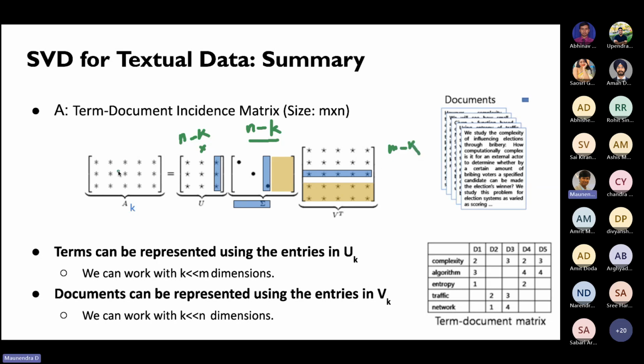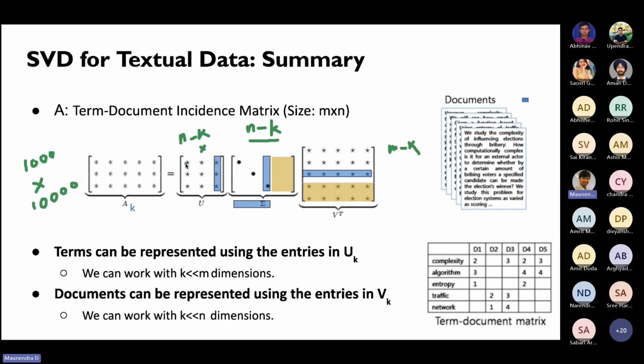Now, in a real setup, if you consider that you had, say, 1,000 terms and 10,000 documents, this is 1,000 cross 10,000, and here you will have 1,000 diagonal entries. Suppose I say I'll keep only 10 of them. The remaining 990 I'll be setting forcibly to zeros.